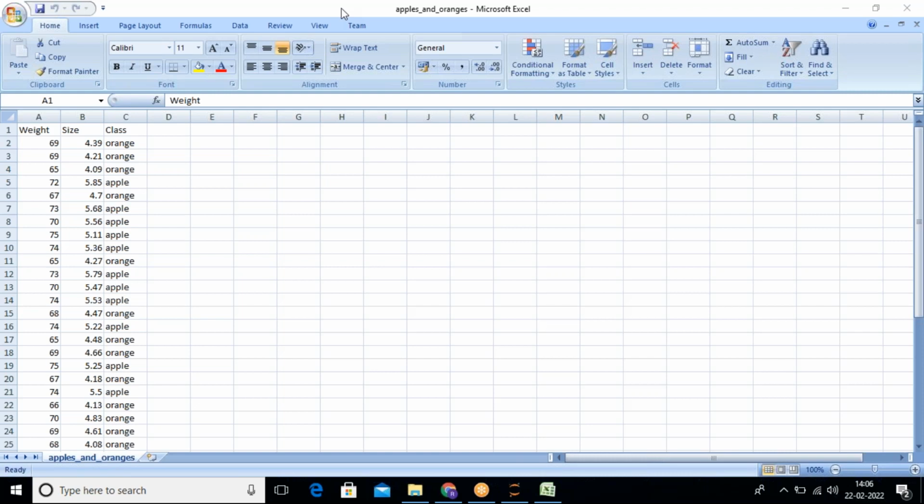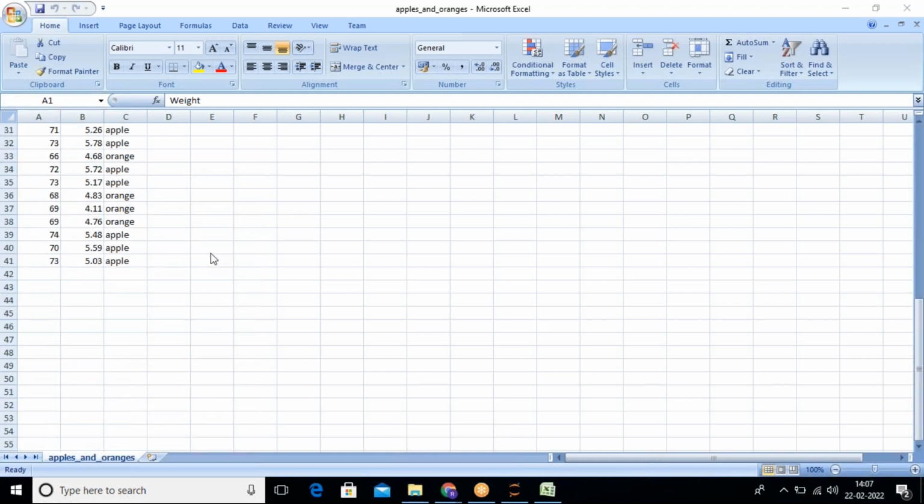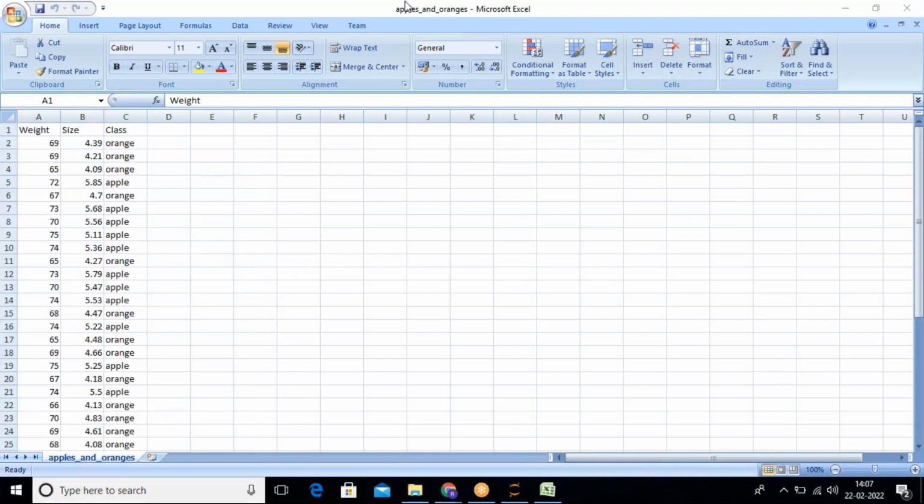And the target is actually the class column, isn't it? Yes, sir. So how many data points are there? Okay. So total, I think there are only 40 data points. Near about 40. Very good.